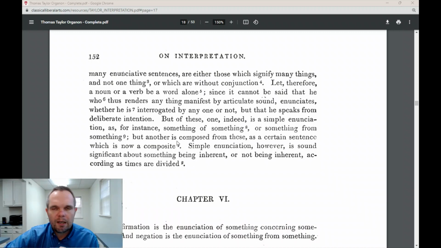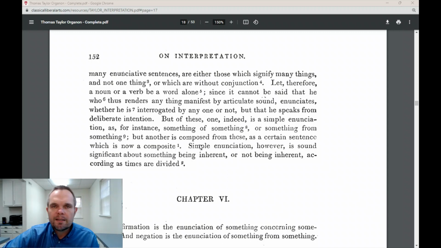So the purpose of chapter 5 is to lead us to see the division of enunciation into a number of different kinds of enunciations, and then to get this definition of simple enunciation, which is going to be the topic that we investigate for the next few chapters.